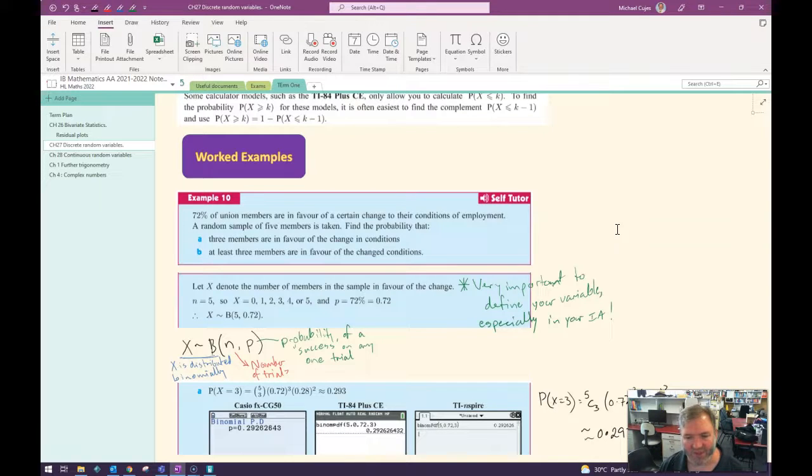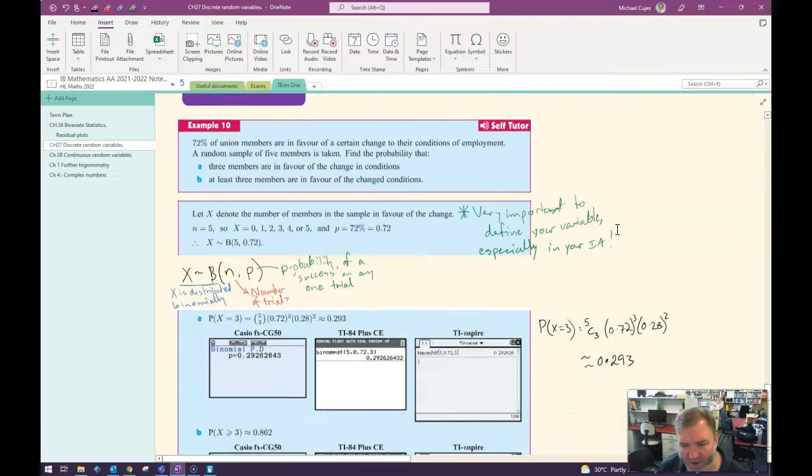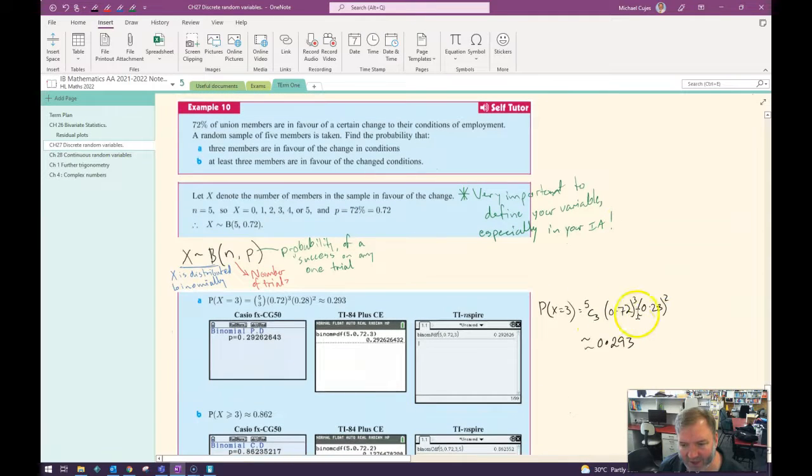Or if I'm going to do it without the calculator, what am I going to do? I'm going to do this nCr, p to the power of r, q to the power of n minus r that I was talking about. I want to know the chance of getting 3 successes. So from the 5 trials, I want to know how many different combinations there are that include 3 successes. Because I want the success to happen 3 times, that's got a probability of 0.72. I raise that to the power of 3.